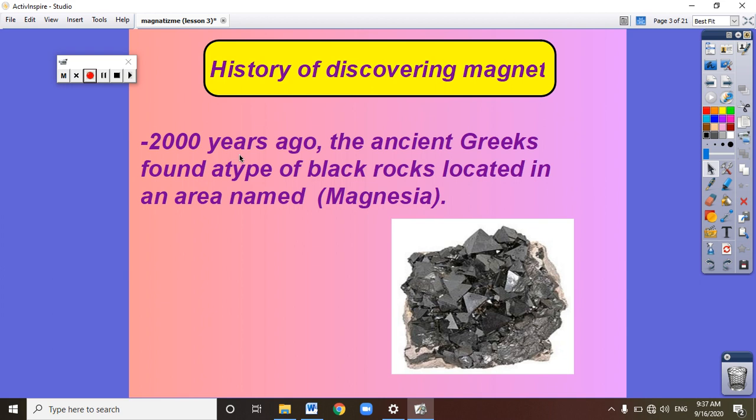The Greeks discovered a black rock which attracts metal in an area called Magnesia. They named the rock after the place where it was discovered. So magnet is discovered in Magnesia. It's a very important piece of information.